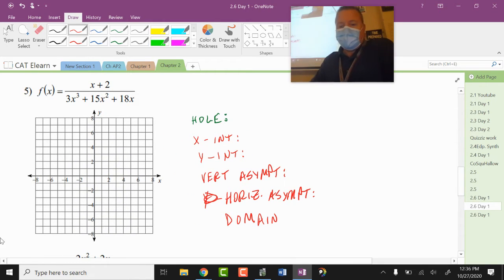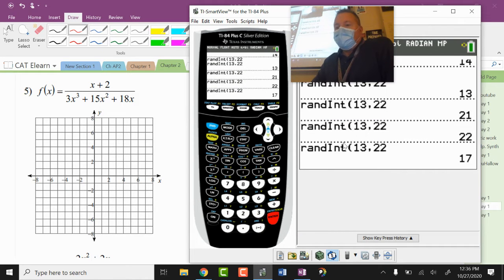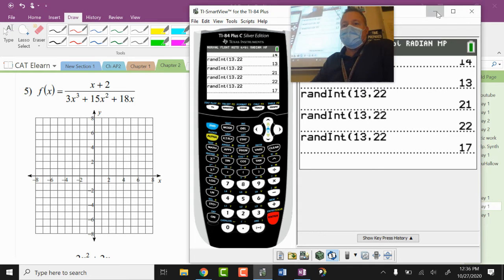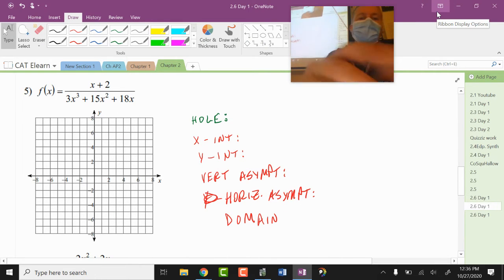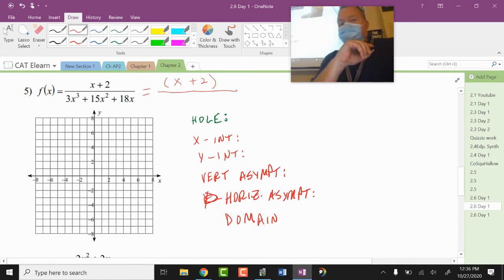A hole. How does that happen? Well, perhaps student number 17 will tell me so. Ryan, you always seem to get picked by the calculator. What should we do first on number 5? Factor. What do you first factor on that?